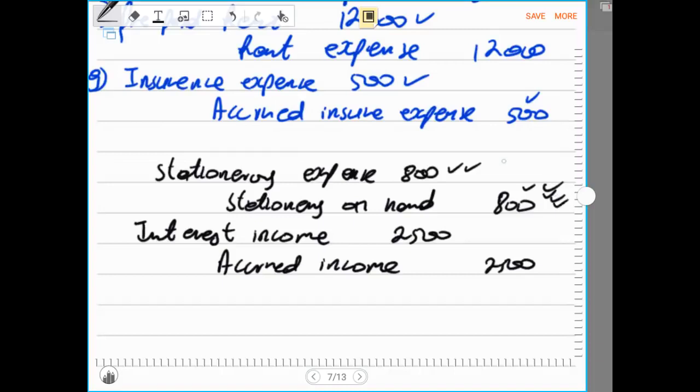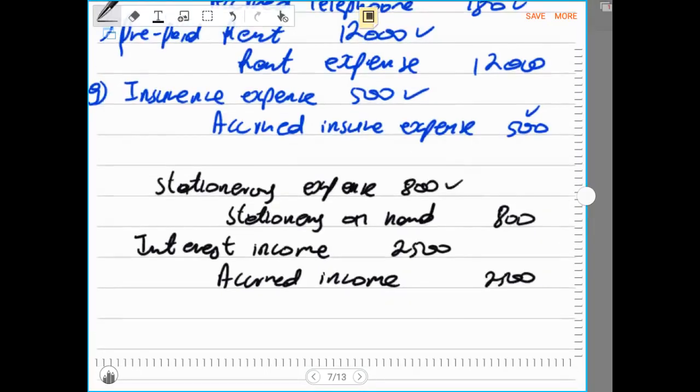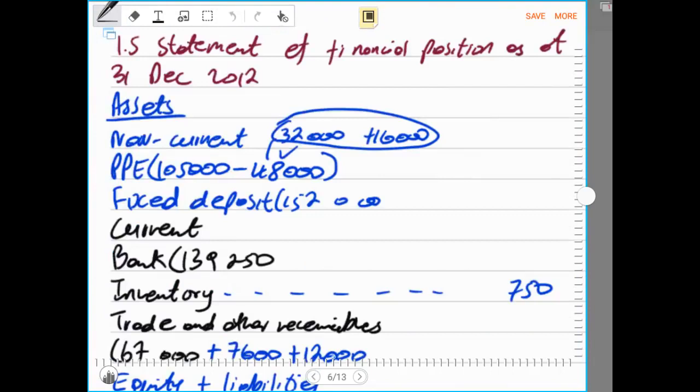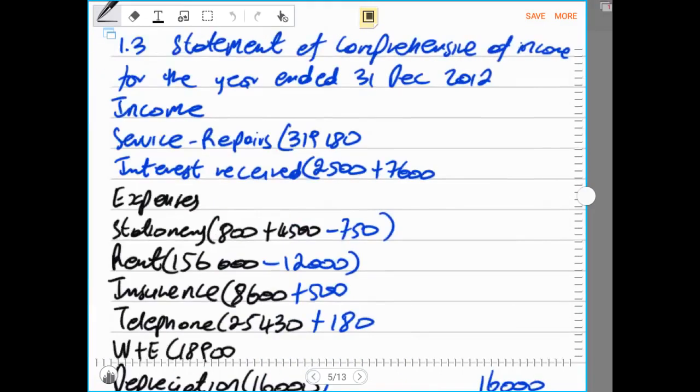We are cancelling the asset, and here we are recording it under the expense. So that's why we recorded the 800 under the stationery expense in the income statement. If you look in the income statement, we have stationery expense of 800. That is the 800.